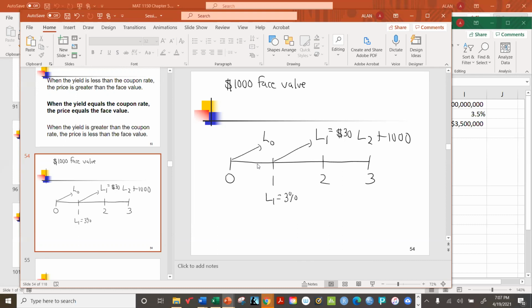Let's try this one. Let's say L2 is 2%. So the total cash flow will be 1,020.